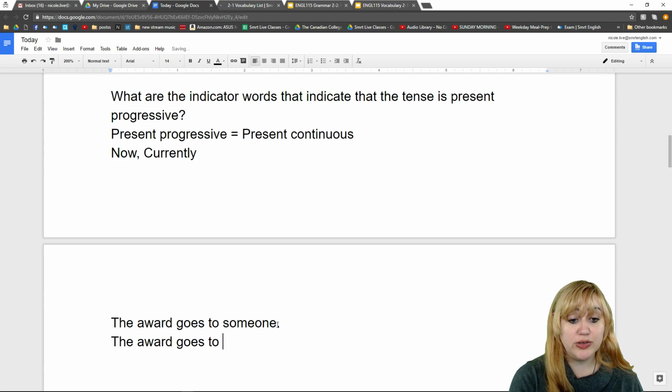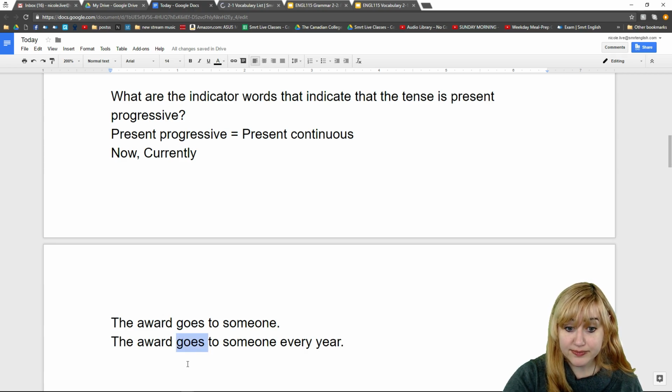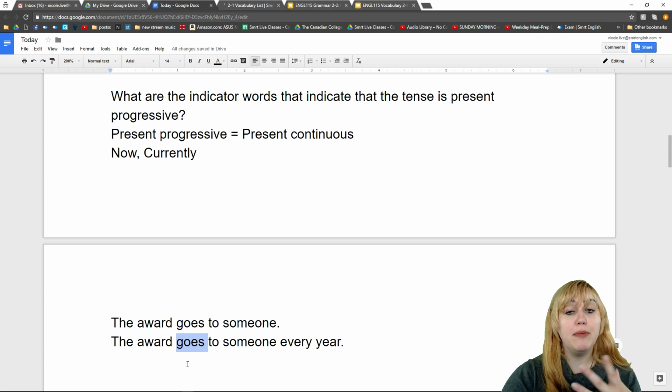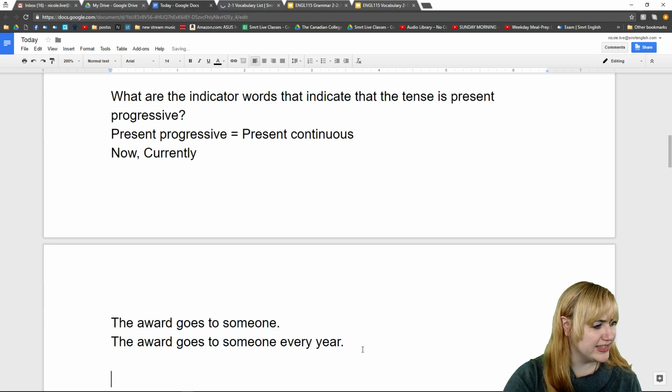Maybe the award goes to someone every year at the award ceremony, or the award goes to someone at every event, at every competition. The reason we use present simple is because we're talking about what usually happens with this award. So that's a good example sentence, and a good question about it.